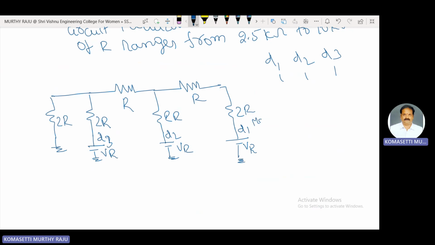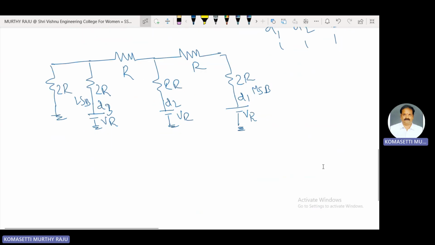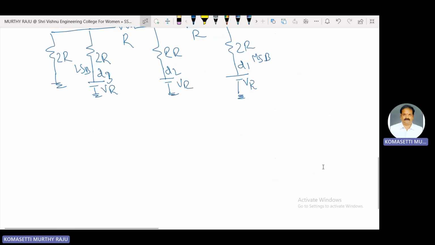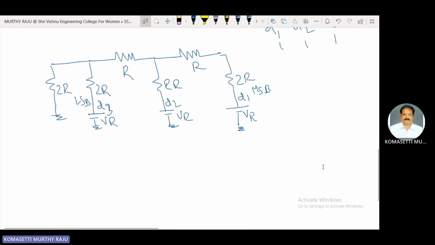This one is the MSB, this one is the LSB. By using network analysis, simplify this ladder network configuration using Thevenin's theorem or nodal analysis, whatever it may be.